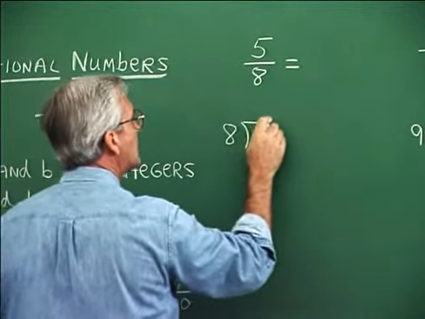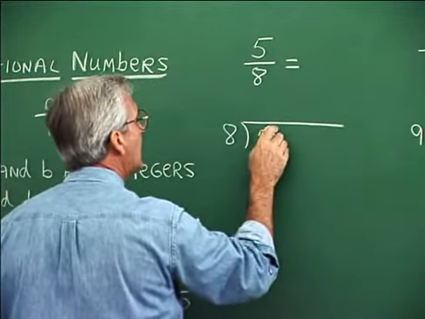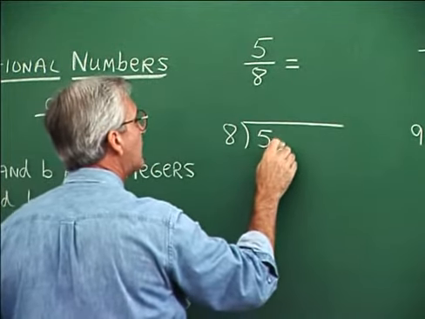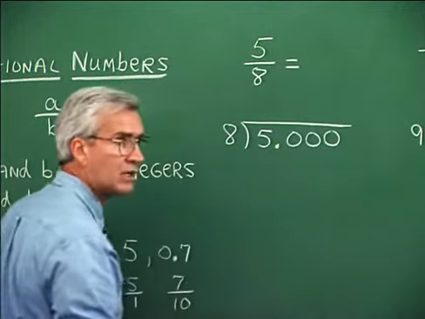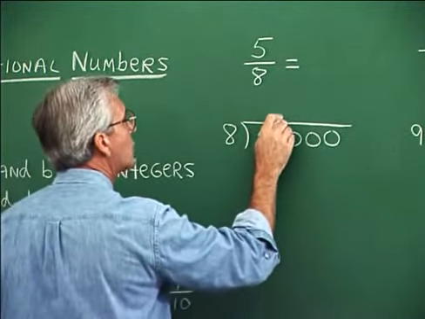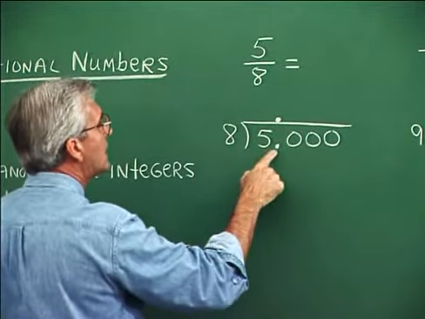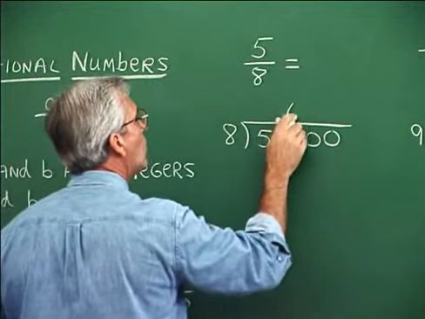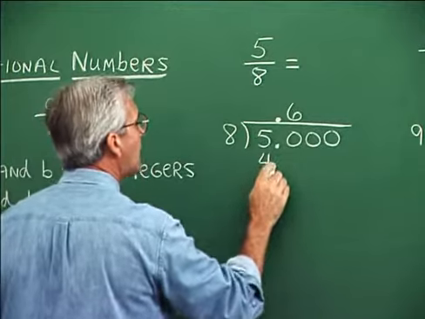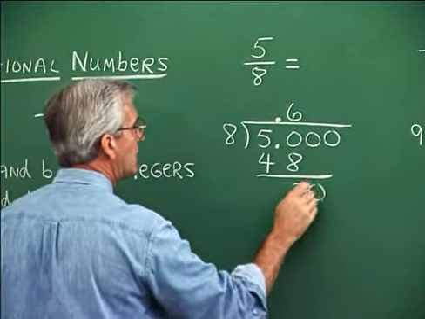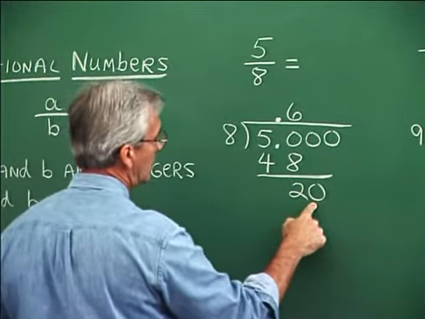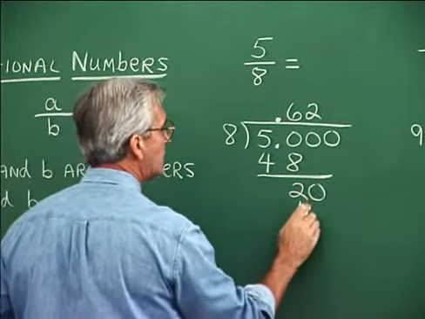We would say 8 into 5. Now 8 doesn't go into 5, so we'll have to add a decimal and some zeros to continue the division process. And the decimal goes straight up into the answer, and we say 8 into 50 goes 6. 6 times 8, 48. Draw the line, subtract, we get 2. Bring down the next digit. 8 into 20 goes 2. 2 times 8, 16.